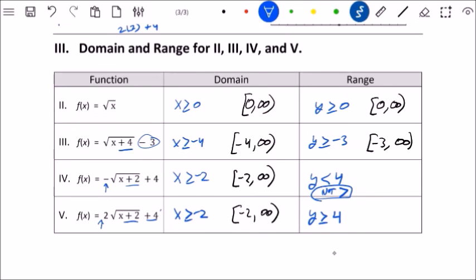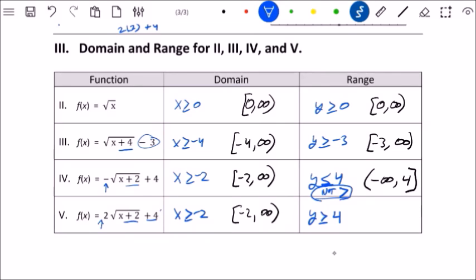It doesn't come first; it's where it's going to be from. If it's going down towards it, it means it's coming up from negative infinity and going up to 4, and it includes it. For any infinities, it's always a parentheses. So that means it's all the numbers that are less than or equal to 4.